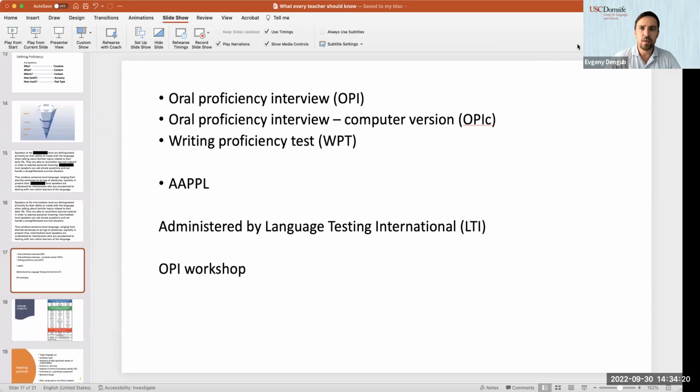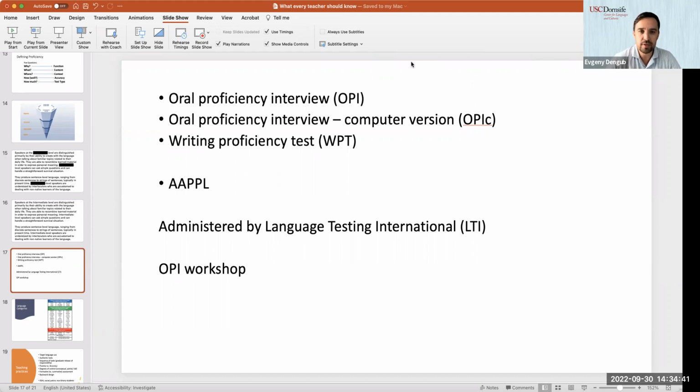All right, so the proficiency movement led to creation of various assessment tools, and the main one is OPI. You probably heard this acronym. Some of you probably took an OPI, Oral Proficiency Interview.